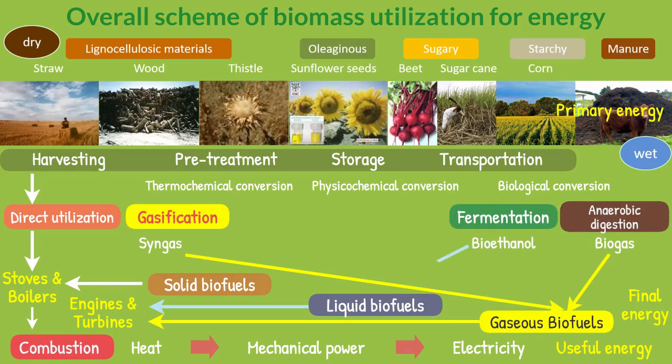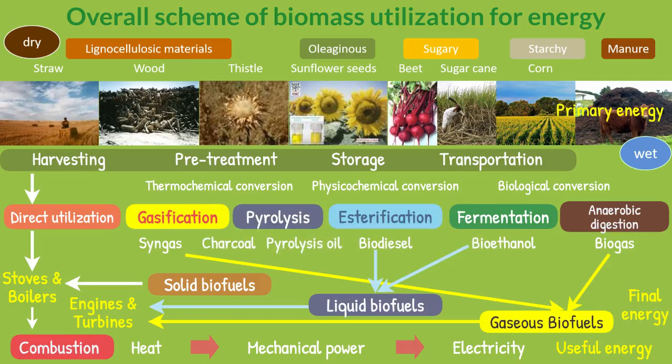Starchy biomass and sugary biomass can undergo a biological fermentation process to obtain bioethanol. Oleaginous biomass can undergo a physicochemical transesterification process to obtain biodiesel. Pyrolysis is a complex thermochemical process that produces gaseous, liquid, and solid fuels. However, it is more suitable for the production of chemicals than for the production of fuels.